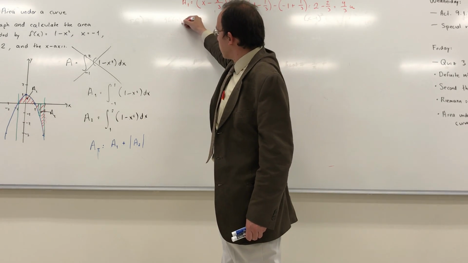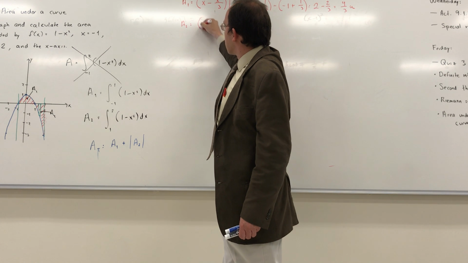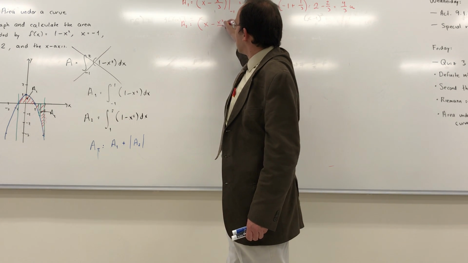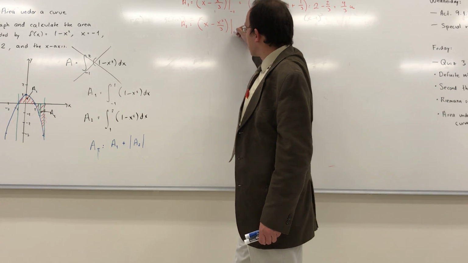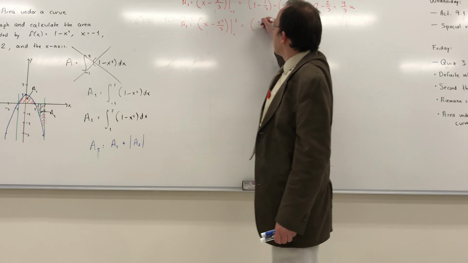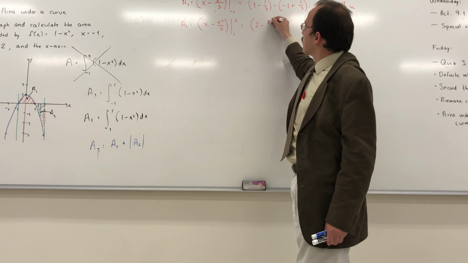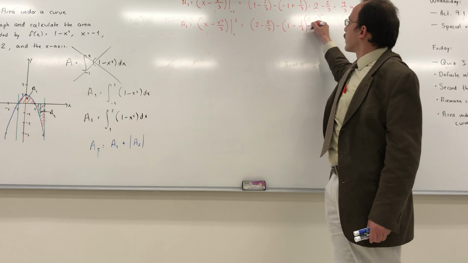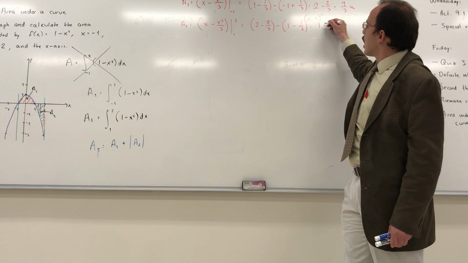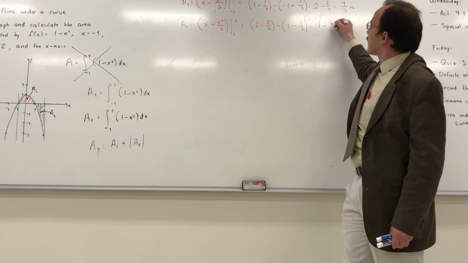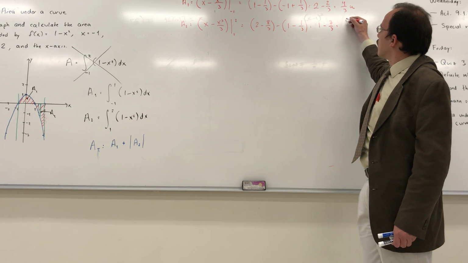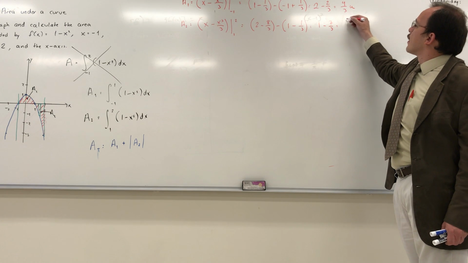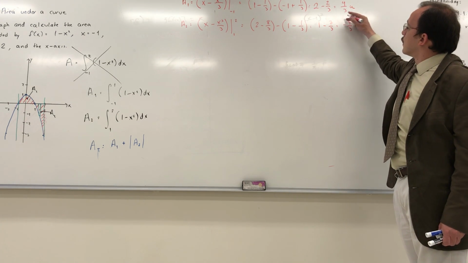For the area 2, same solution, different values. So it's going to be 2 minus 1/3 minus 1 minus 1/3. That would be 1 minus 7/3 equal to minus 4/3.